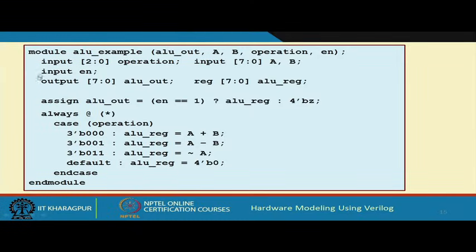So, as the last example, we take a slightly more complex ALU example. You see here we are considering an ALU with two inputs A, B, which are 7 bits. There is an operation which is 3 bits and enable which is 1 bit, and ALU out is the output of the ALU, 8 bits, and the output will be stored in another register, we call it ALU reg.